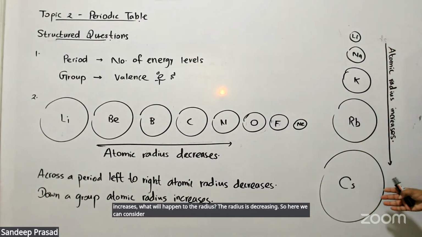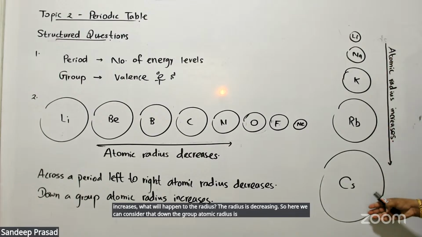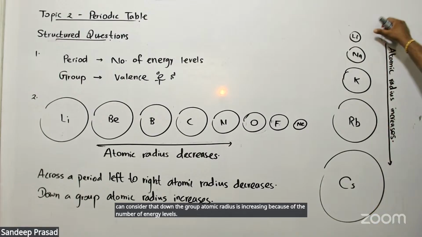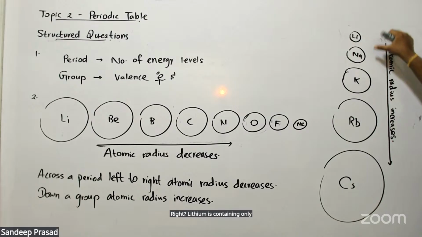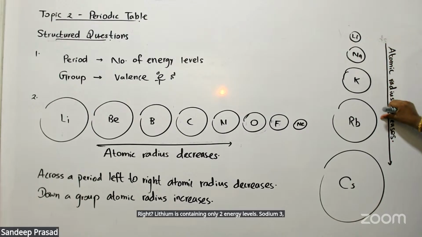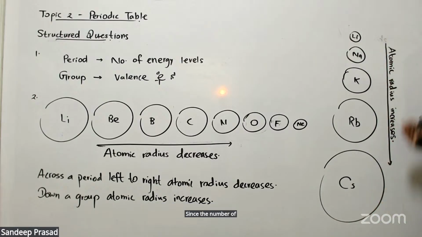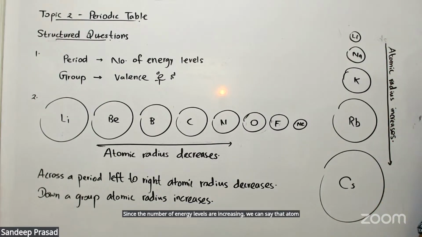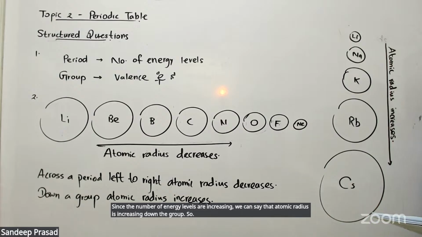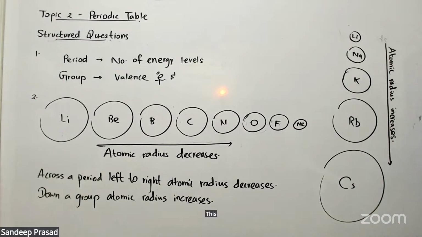Down the group, atomic radius is increasing because of the number of energy levels. Lithium contains only 2 energy levels, sodium 3, potassium 4, rubidium 5, cesium 6. Since the number of energy levels is increasing, atomic radius increases down the group. So this is the trend in atomic radius across a period and down the group. Okay, it's very easy.